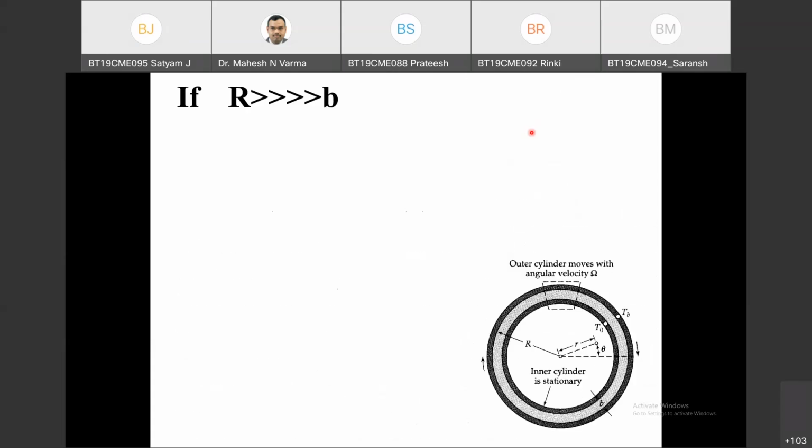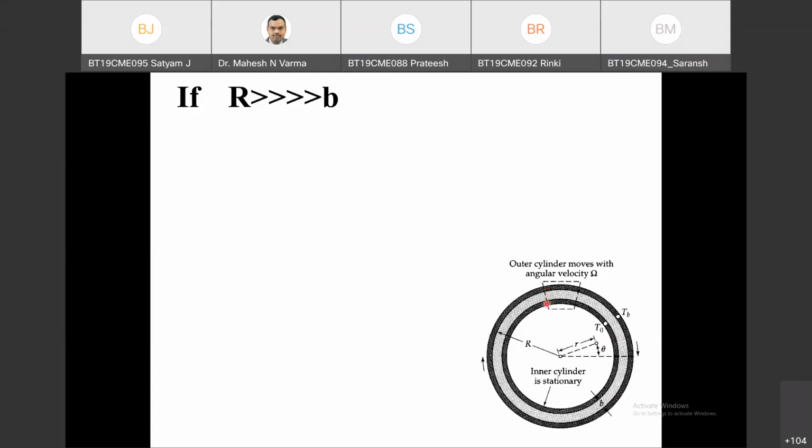First of all, the first assumption: as given, say this distance is B, and this is the radius. Generally this radius will be very much larger than B, because you will not find a bearing where the inner diameter of the outer bearing is very large compared to the outer diameter of the inner bearing. I'm talking about this radius and this radius.